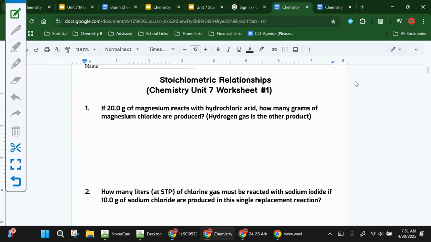So if 20 grams of magnesium reacts with hydrochloric acid, how many grams of magnesium chloride are produced? Hydrogen gas is the other product. You have two things before the arrow, you have two things after the arrow. When you get all of your formulas written in the right spots, then you need to balance it.